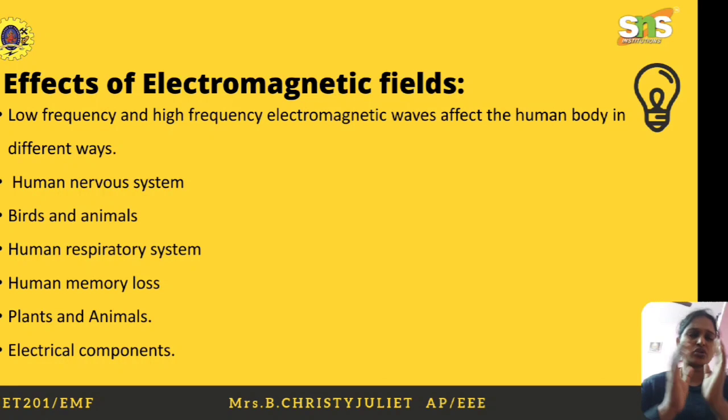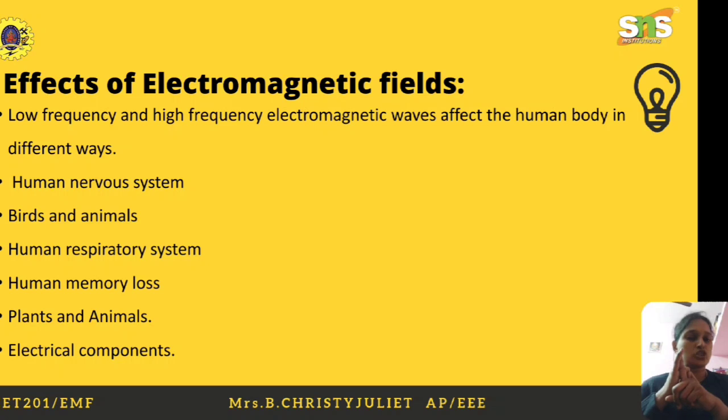People and doctors often say don't keep your mobile phones near you often because it affects your nervous system. Because of these electromagnetic fields, birds and animals are also getting affected. The radiation from cell towers affects birds, and in many cases, many species are becoming extinct now because of these cell towers.